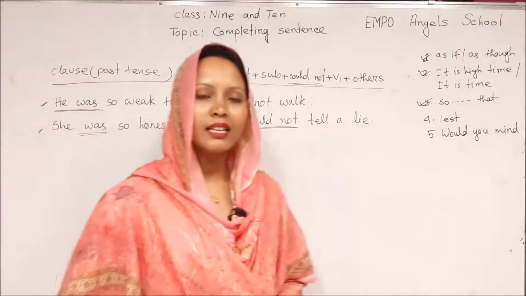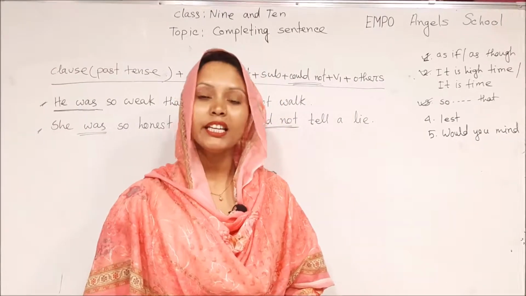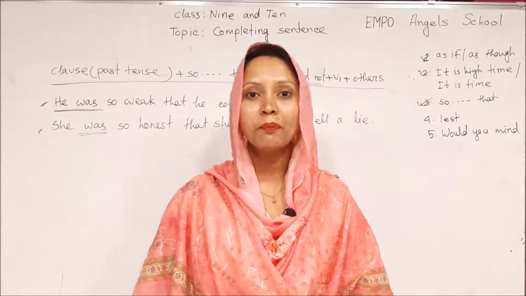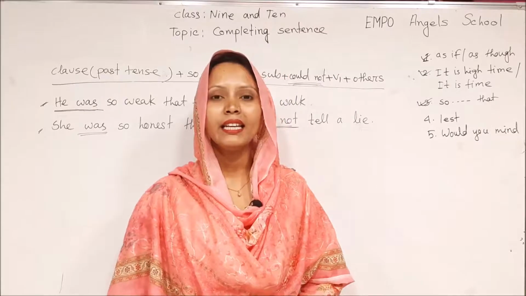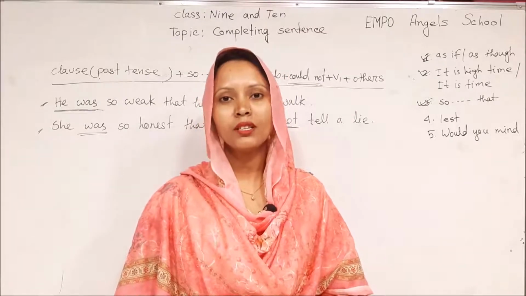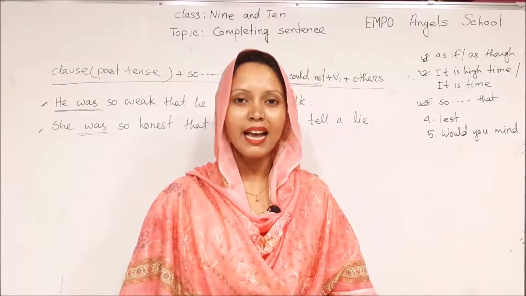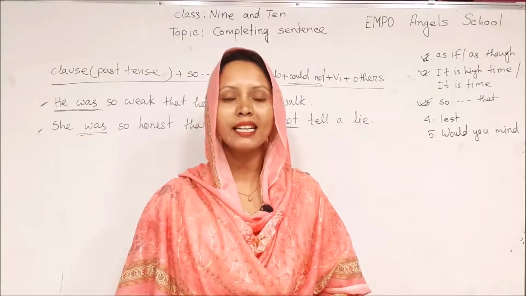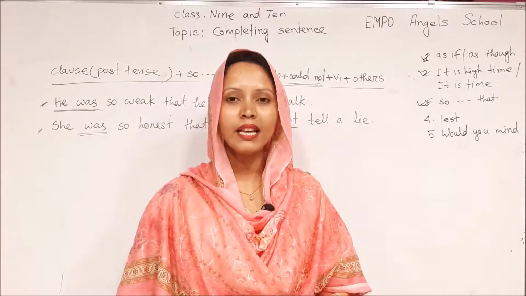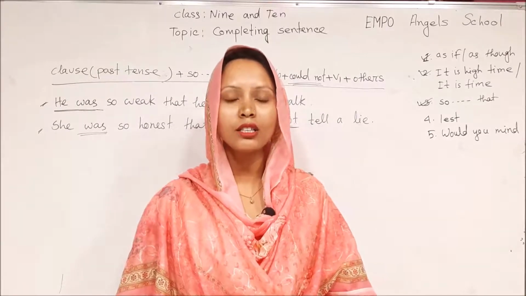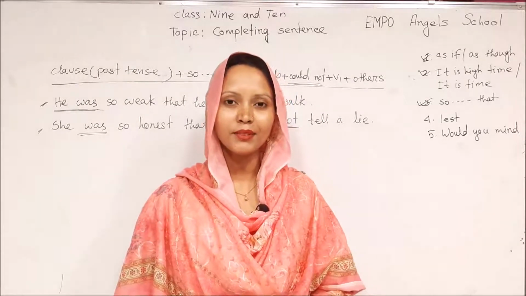Dear students, please remember, if the clause is in present form, then you have to choose "cannot" to complete the sentence. And if the clause is in past form, then you have to choose "could not" to complete the sentence.